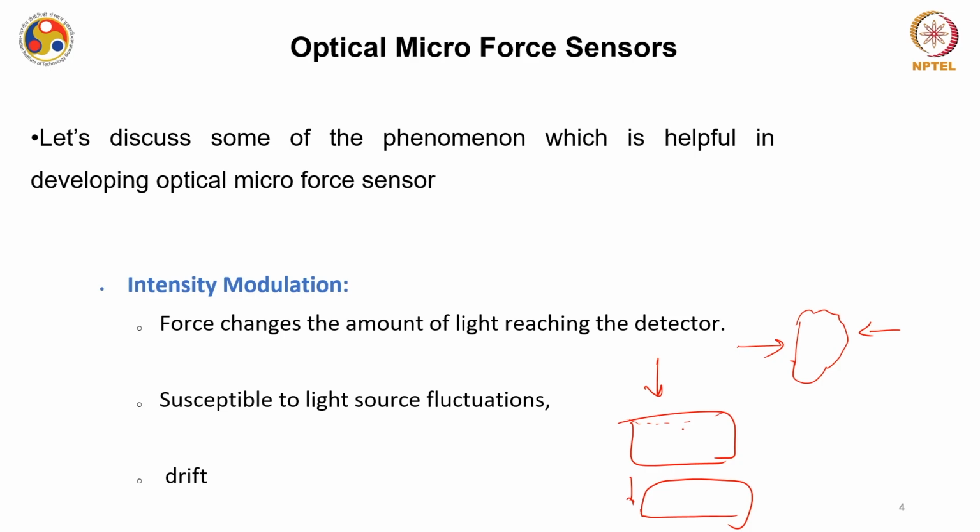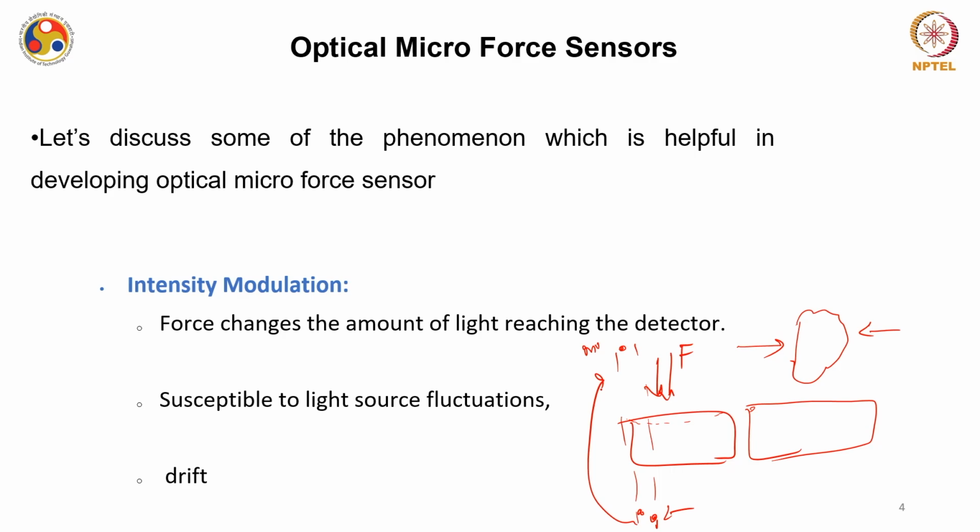So this object is under applied force F. Now, say this is a monochromatic source of light, and it is being detected here. We also sometimes have a reference sample, but let us talk about this sample first.